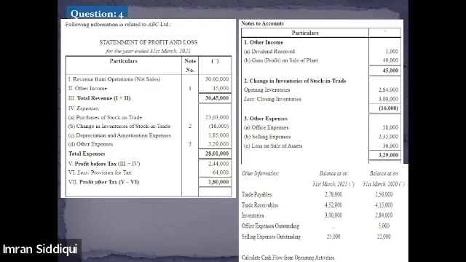So first, the statement of profit and loss is given, then notes to account is given, and there is information regarding the current asset and current liability. Opening value of the current asset and current liability is given. All right, so considering all this information, we need to figure out the cash flow from operating activity.